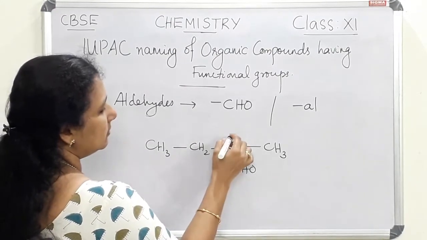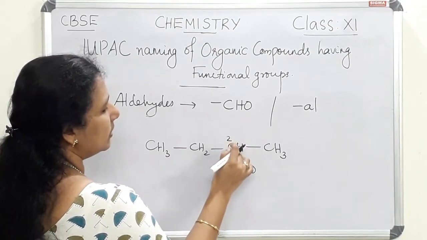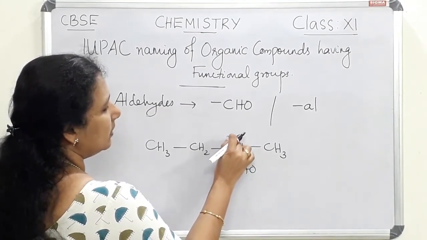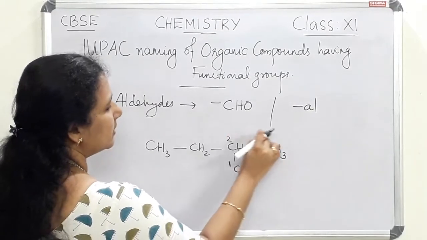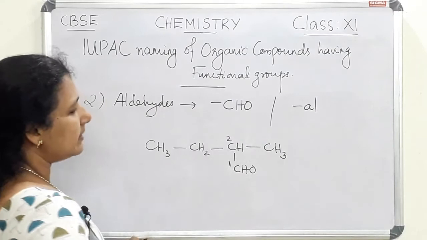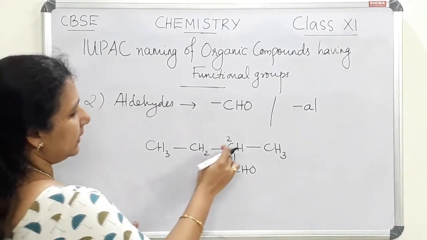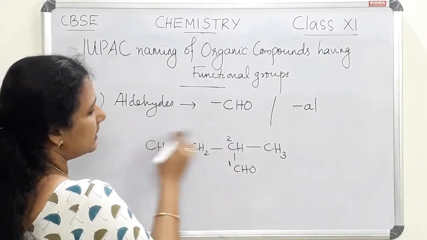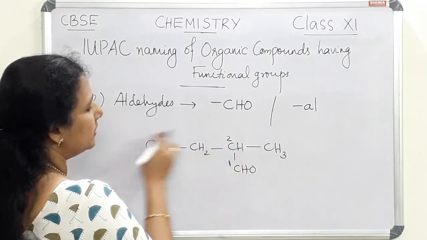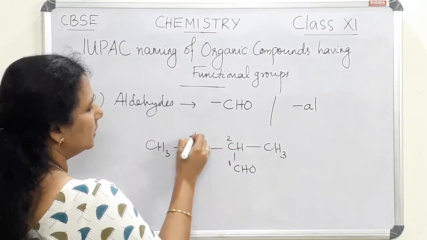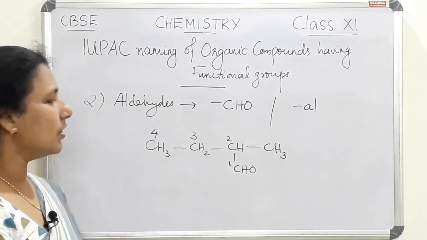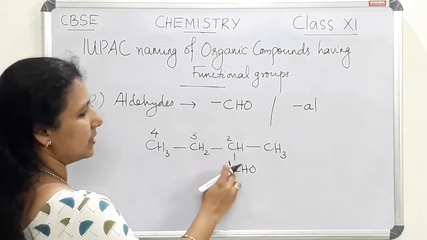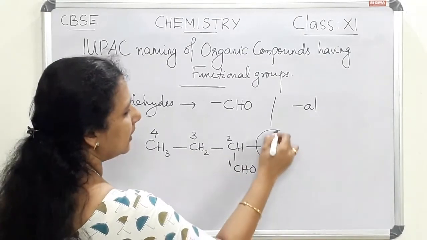Then take the longest chain. If it is from left to right, that is 2, 3 here, we will get a chain containing 3 carbon atoms. If we are numbering from here to this side, that means 1, 2, 3 and 4, we will get the longest chain containing 4 carbon atoms. So this is the longest chain, and this will be the prefix.